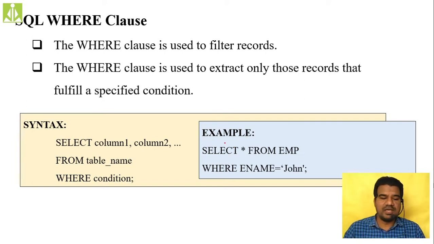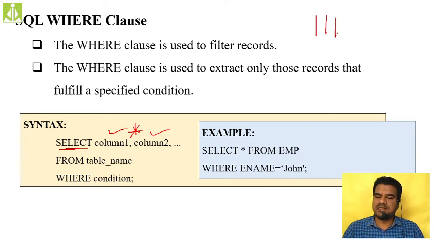As you can see, inside the syntax we say select column 1, column 2, however many columns you want, that many column names you can represent, or if you want all the columns to be selected, put a star over here. Columns in the sense these things inside your table, we are not talking about rows. So select column 1, column 2 and so on from table name where condition.